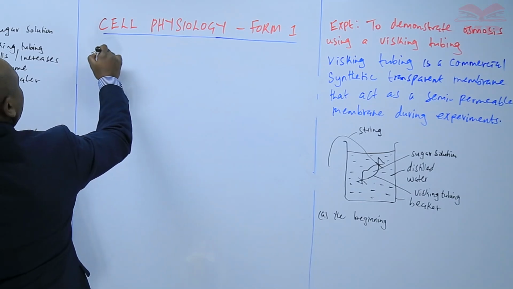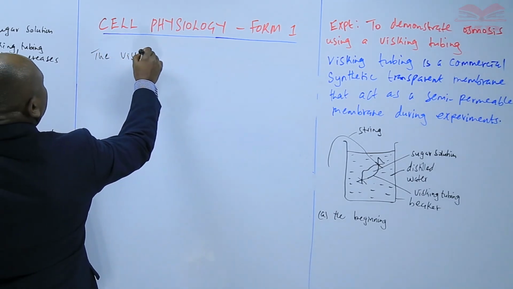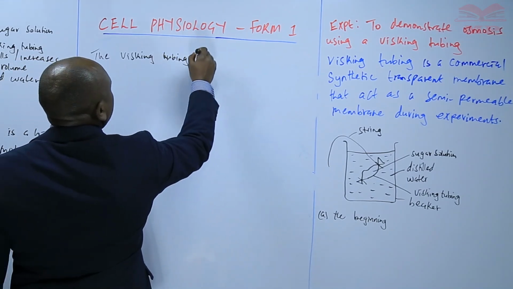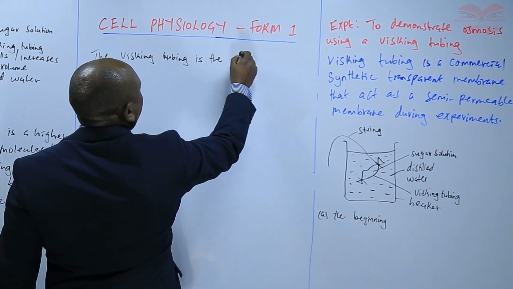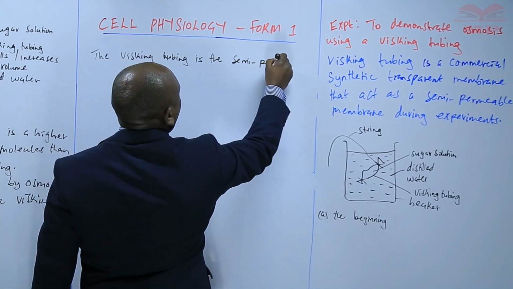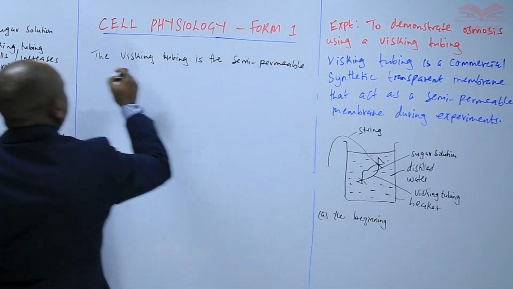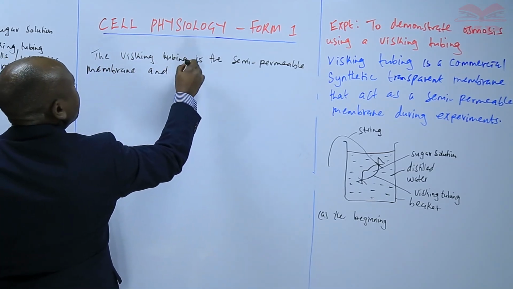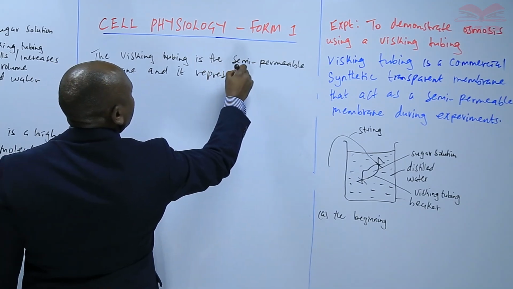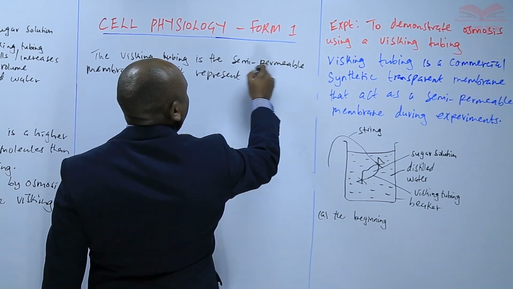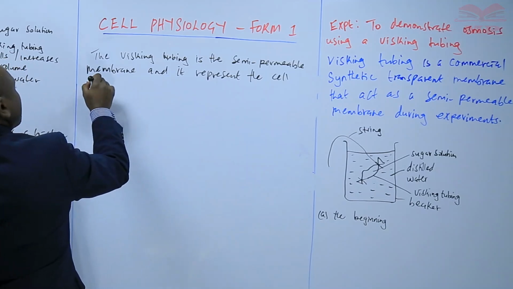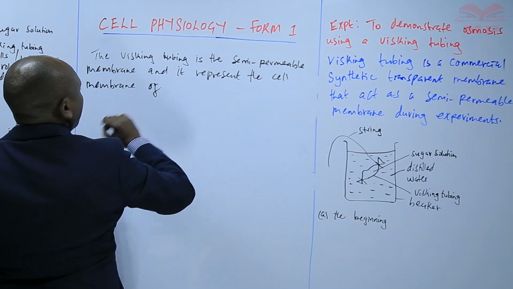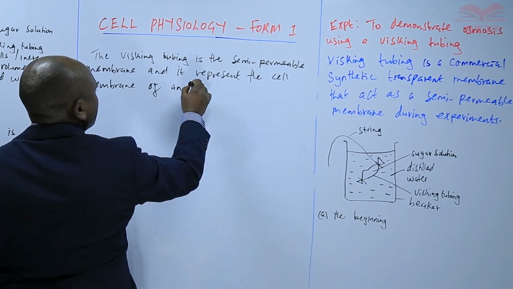So you can say here that the whisking tubing is the semi-permeable membrane, and it represents the cell membrane of an organism.